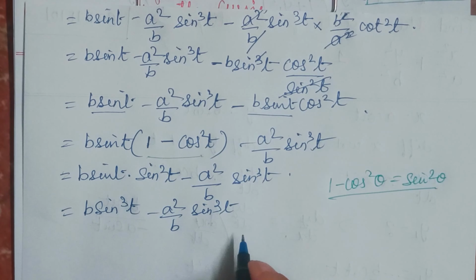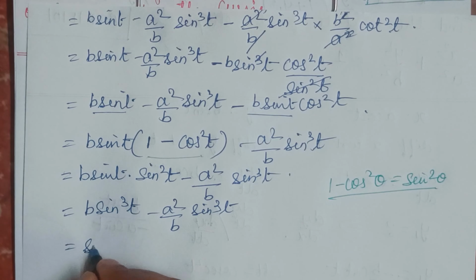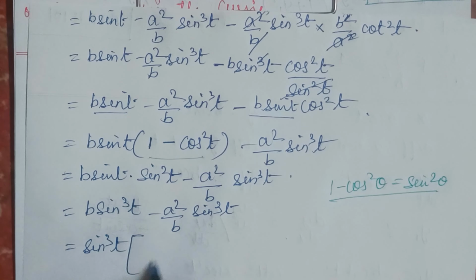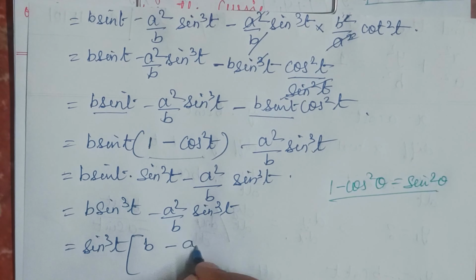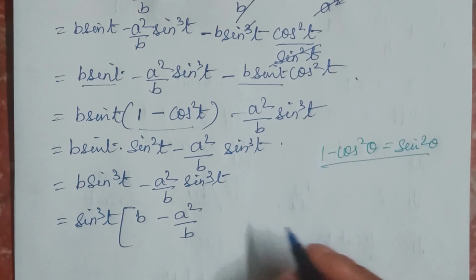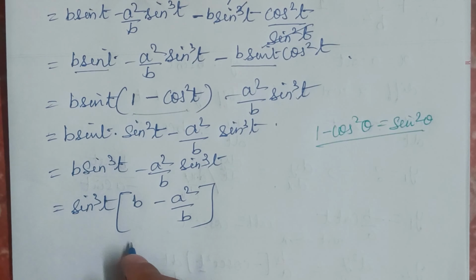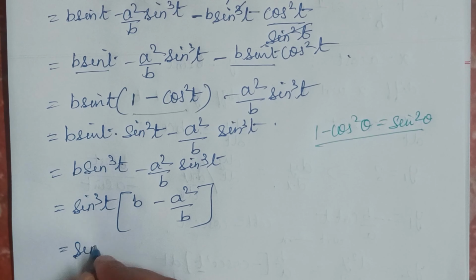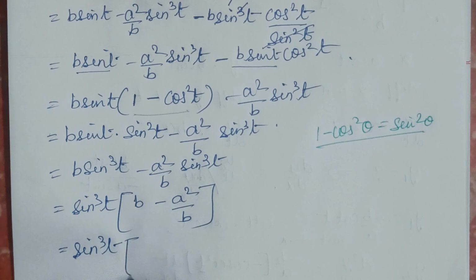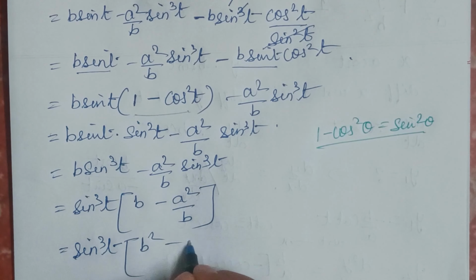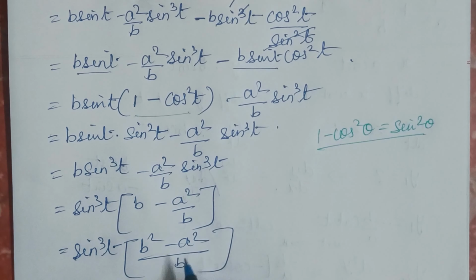So sine cube t and sine cube t, I can take it common. Sine cube t, if I take it common, b minus a square by b. So I can write this as sine cube t into b square minus a square divided by b.